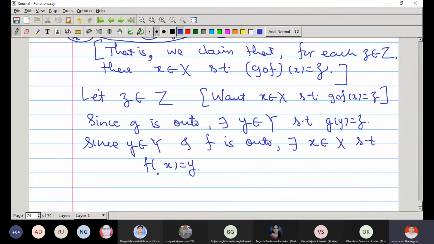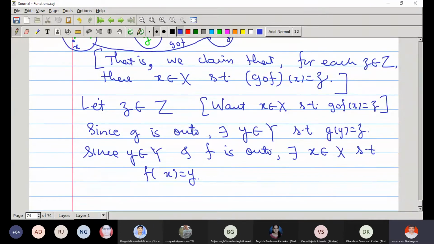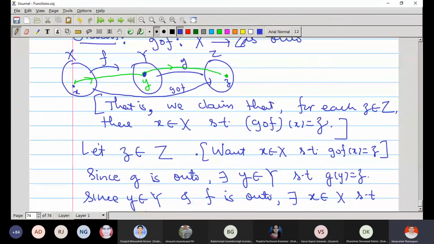Right? So did we get hold of the pre-image of z now? This is a way. Suppose you want to send a message from z to x and x is far away. What will we do? We will send a message from z to y, which is connected by g, and then y is connected with x, so y will send the message to x.